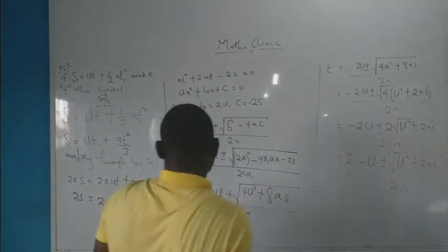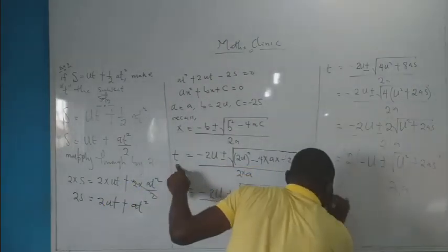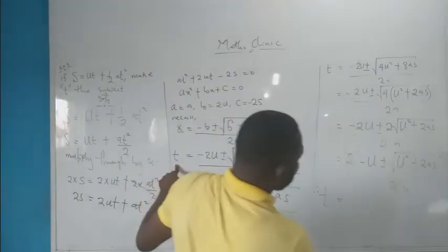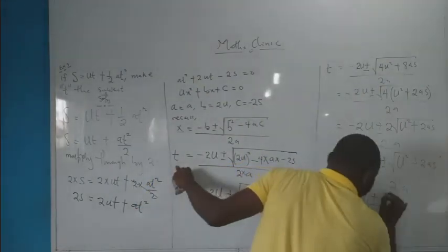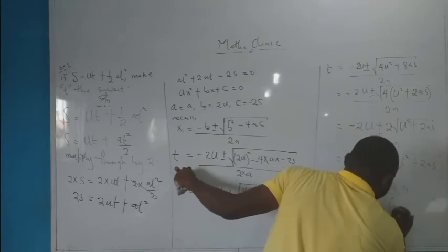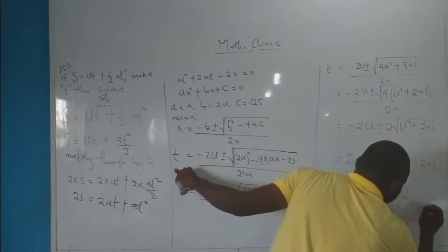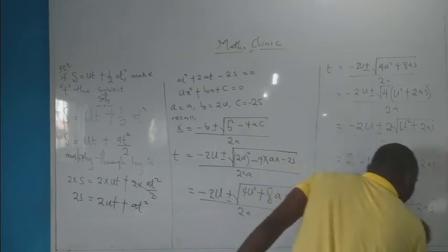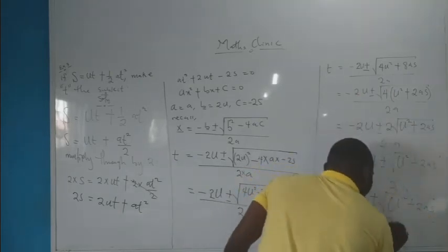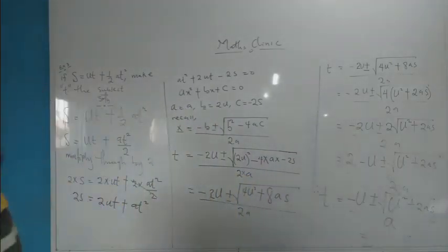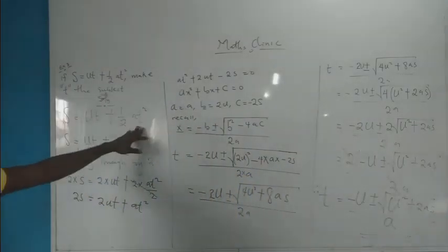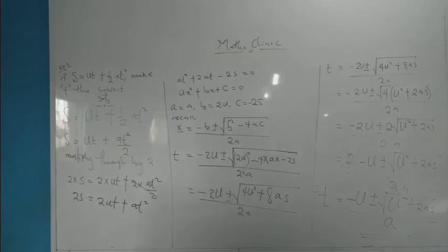Therefore, we can have t to be equal to minus u plus or minus square root of u squared plus 2ax, everything over a. So this is how to make t the subject of the formula.